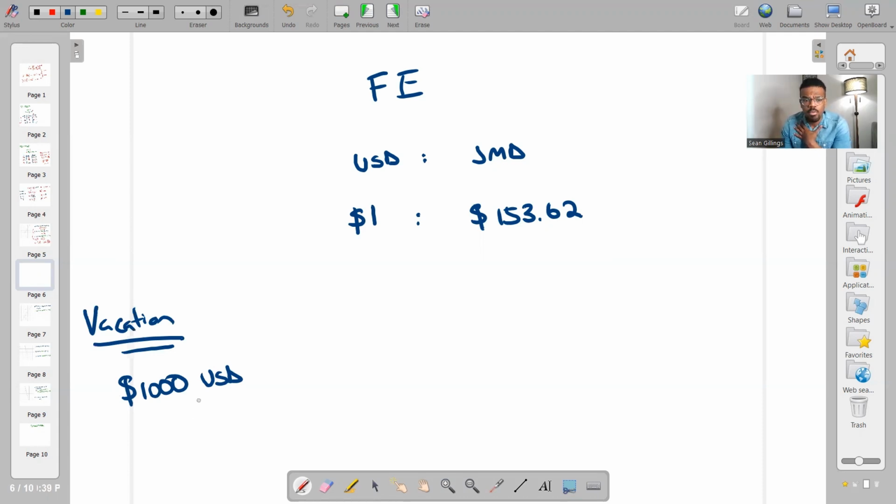Since this is United States dollars, I'm going to go under the United States column, insert another row, and put 1,000 right here. Now I'm trying to figure out what that is equivalent to in Jamaican dollars, how much Jamaican will get me to purchase 1,000 United States dollars so I will be okay.